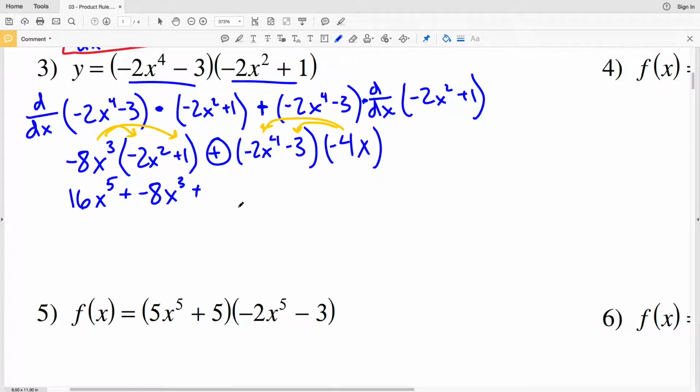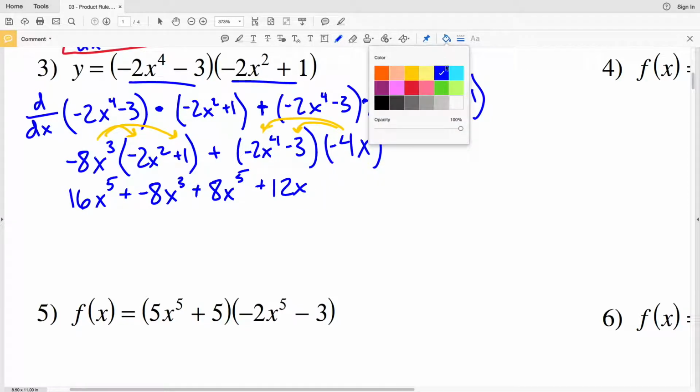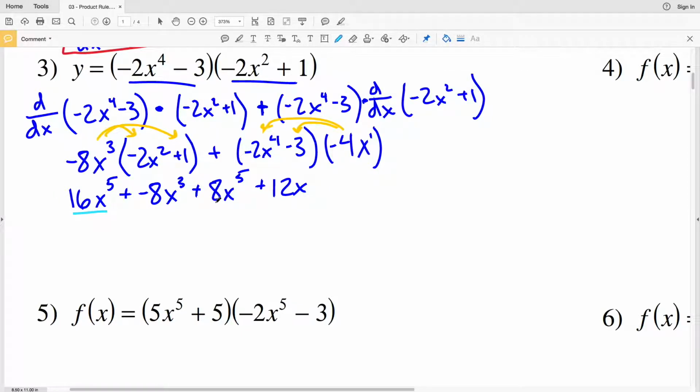And then we're adding that all to negative 2x to the fourth times negative 4x, which is a positive 8x to the 4 plus 1, because this has an exponent of 1, and x to the 4 plus 1 is 5, and then we're subtracting a negative, so adding a positive 3 times 4x to the first, which will be 12x. So now combining my like terms, I'm combining my terms of x to the 5th.